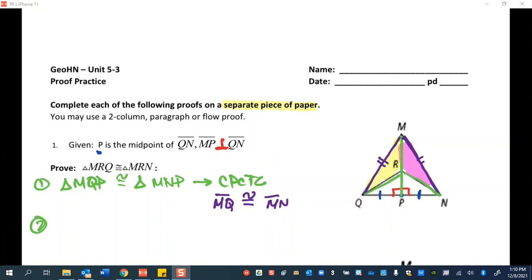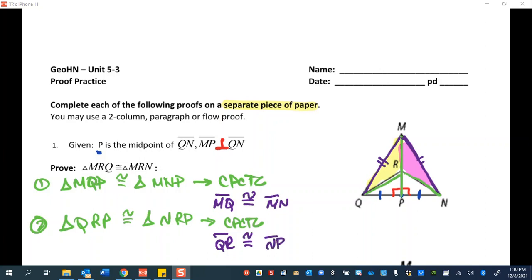So if you want to use that one, you're going to have to talk about triangle QRP being congruent to triangle NRP. Because then through CPCTC, you'll be able to get QR congruent to NR, right?